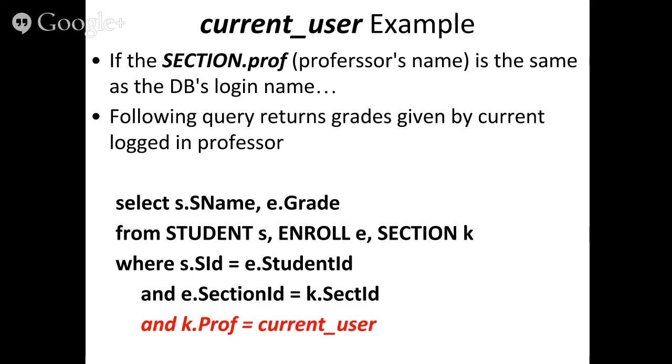Whenever this is a join, it can be written using the explicit syntax: students join with enrollment on student SID equal to that, join with section on, and so on. But this is much easier to read. It's definitely much easier to read.